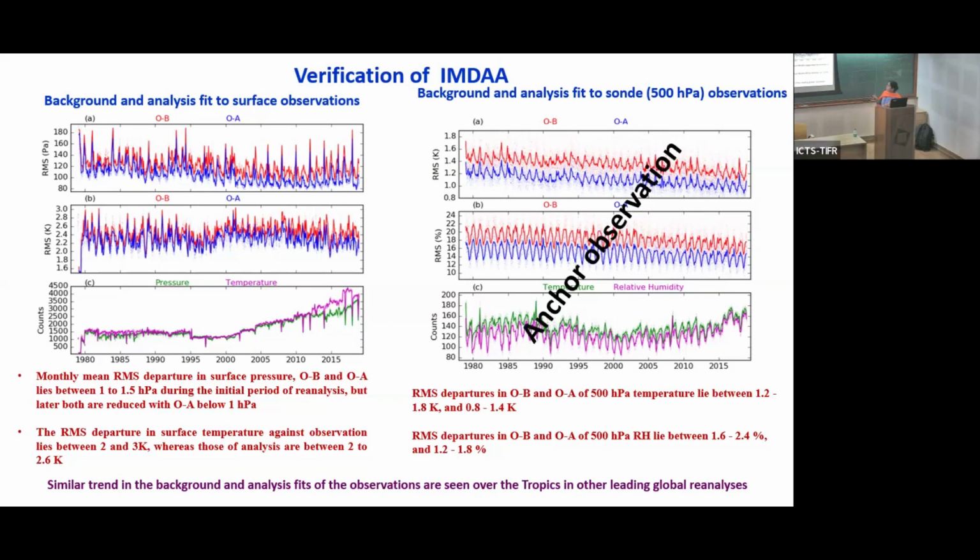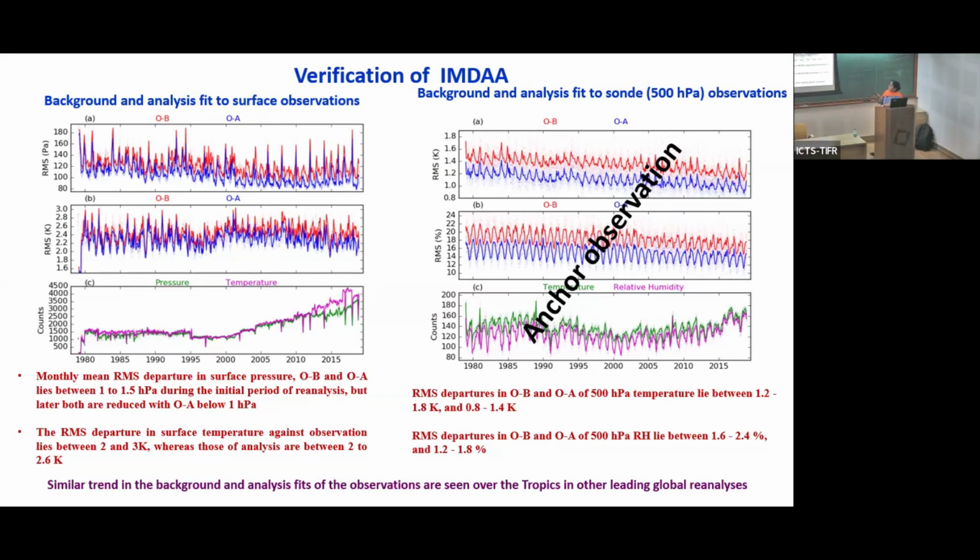And again, yesterday we were discussing the GPS RO data, that it is bending angle or refractivity, and it is bias-free data. So that can act as an anchor observation to reduce bias and correct other observations. Similarly, the radiosonde observation can also act as an anchor observation to bias correct other satellite observations. So that's what we are seeing here.